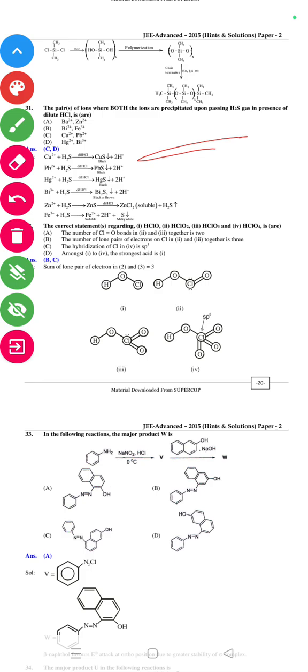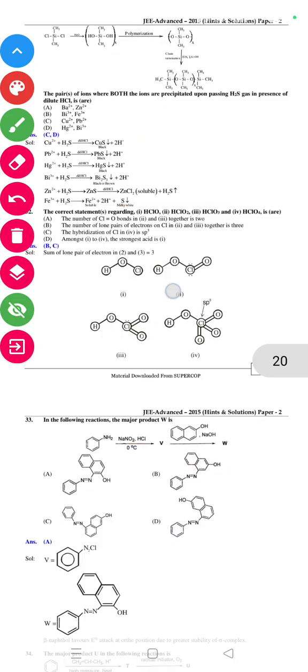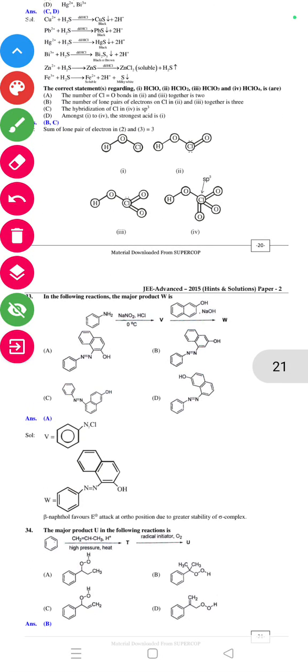Zn2 plus H2S dilute HCl करेंगे तो ZnCl2 सॉल्युबल प्लस H2S बनेगा, और Fe3 plus H2S, Fe2 plus सॉल्युबल प्लस H plus बनेगा. तो इसका आंसर है C और D, Cu2 plus और Pb2 plus और Hg2 plus और Bi3 plus.